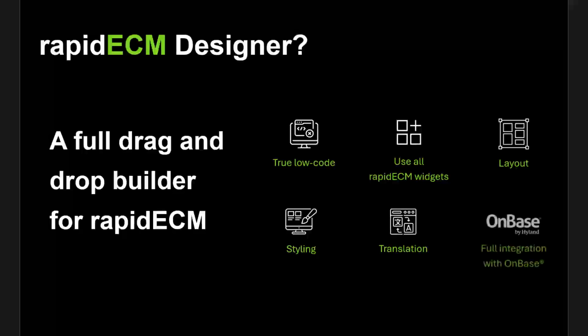And all the time, the rapidECM Designer is fully integrated with OnBase, allowing selection of existing custom queries, document types, keywords, life cycles, and many more things. So let's jump into the tool and see how simple it is to create and maintain your new front-end applications with less effort and more consistency.